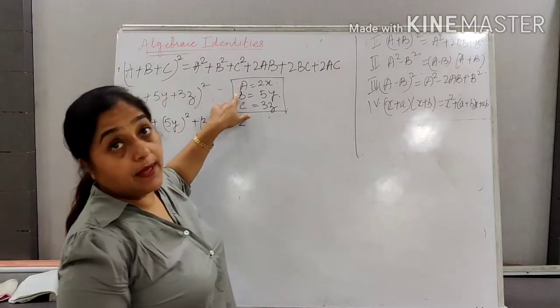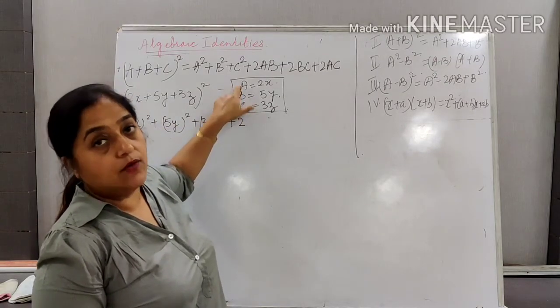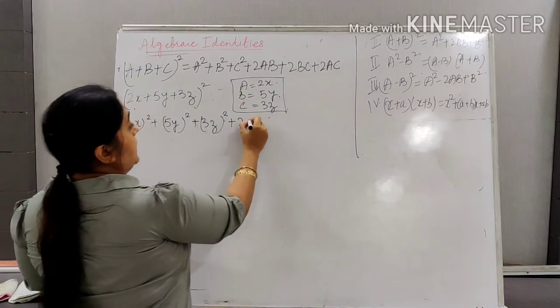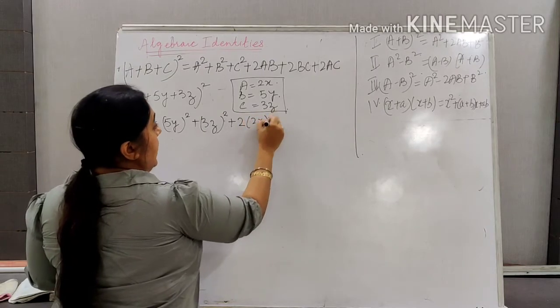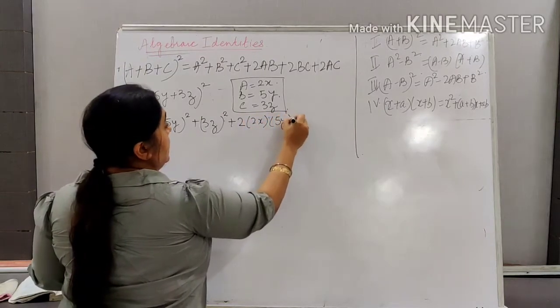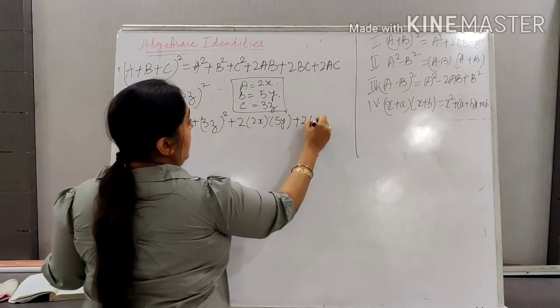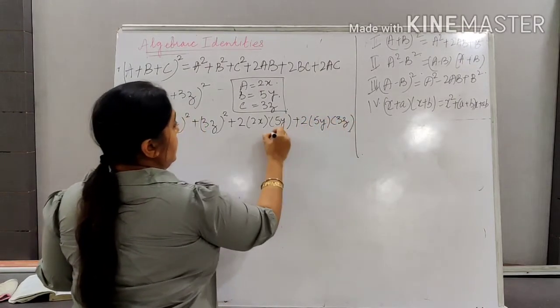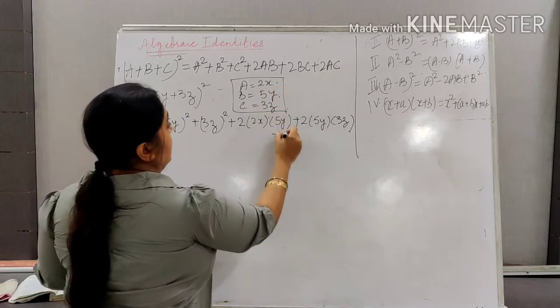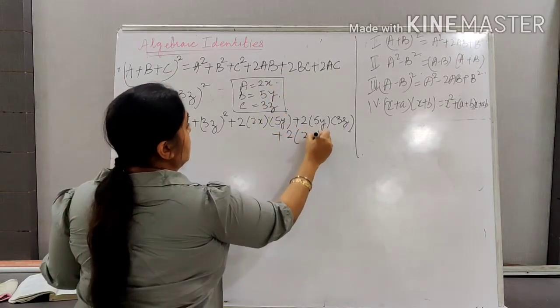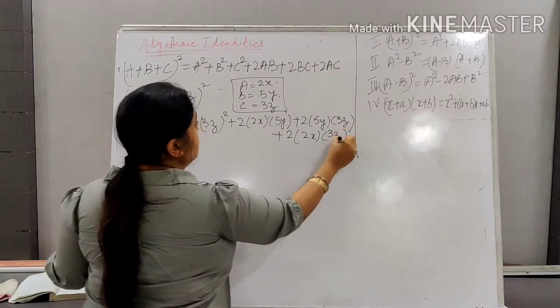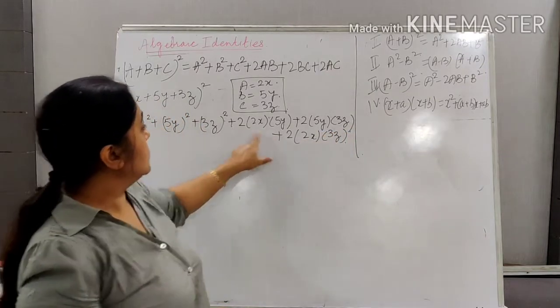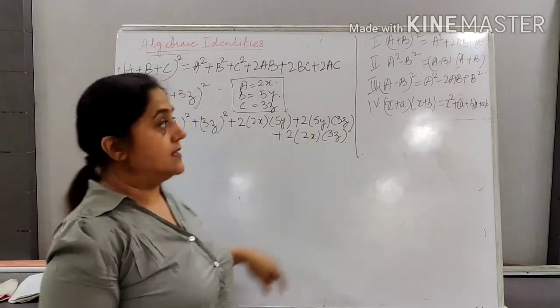First you will find ab, then you will find bc, and then you will find ac. 2ab means a is 2x, b is 5y. 2bc, 2 in the formula, b is 5y and c is 3z. And then 2ac. a is 2x and c is 3z. And these two are in the formula itself.